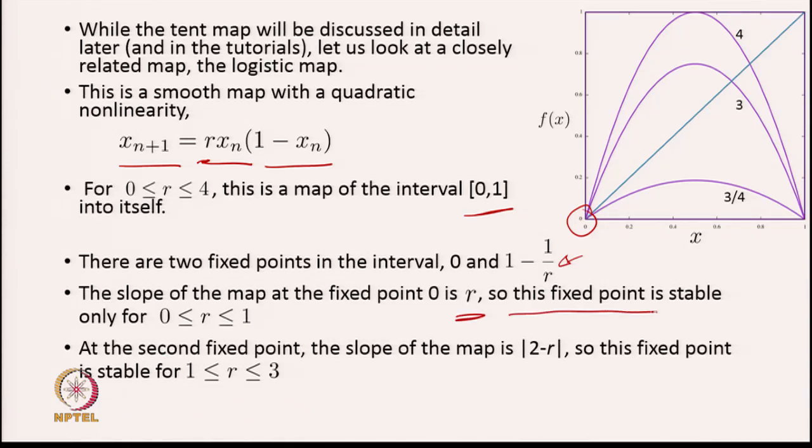So, this fixed point is stable only for r lying between 0 and 1. At the second fixed point, the slope of the map is modulus 2 minus r. You can easily work that out. So, this fixed point is stable for r between 1 and 3.